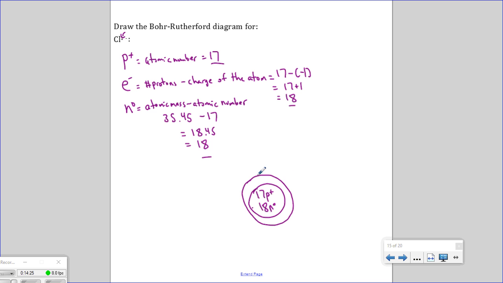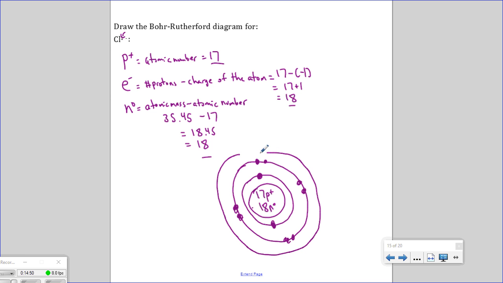So we'll draw our first orbit, and in our first orbit we will place 2 electrons. We'll draw a ring for our second orbit, and then we'll place in 8 electrons. So we've added in a total of 10 electrons. We still have another 8 to go.